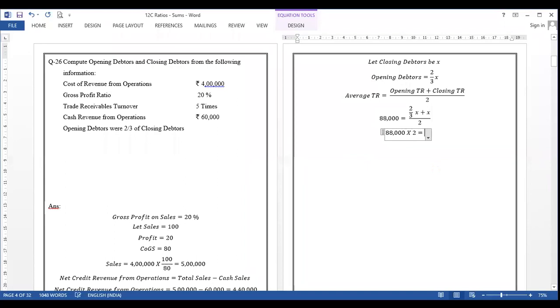What is it then equal to? 5x upon 3, that is 5 by 3x. Correct. Now 88 into 2 is 176, that is equal to 5 by 3x. Okay, fine. So what is the value of x now? What should I write?